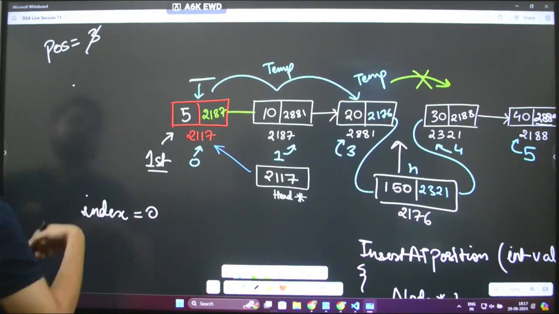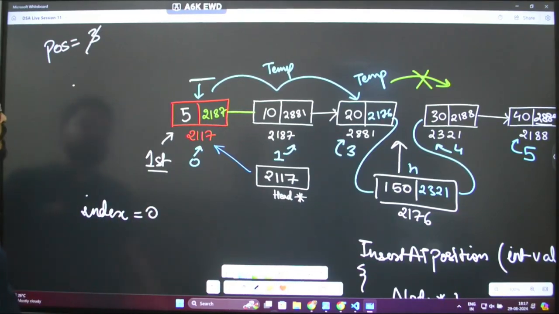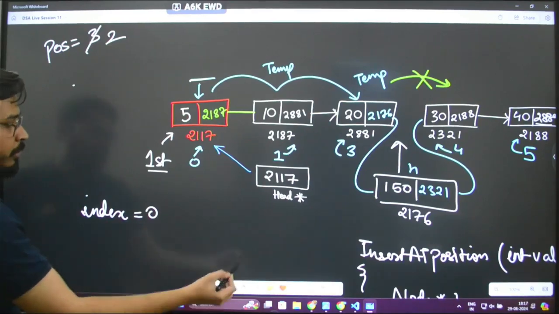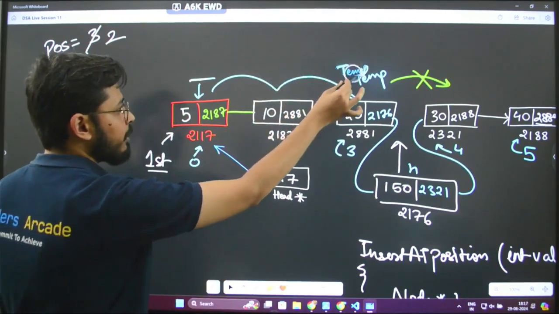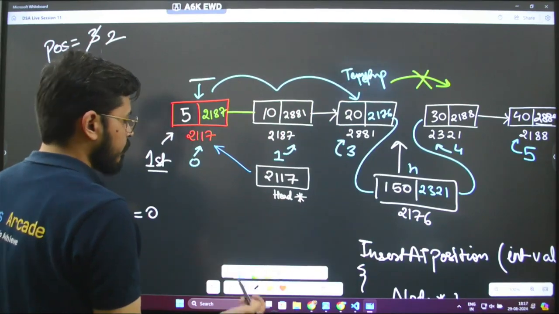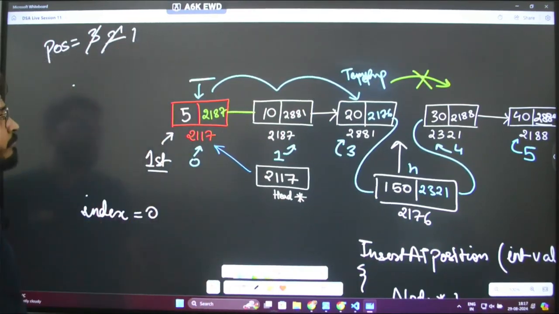You said position minus minus, that means this has become 2. Then I said temp, you move here, and I said position minus minus. Are you getting my point? Like that. Is that clear to you, all of you?